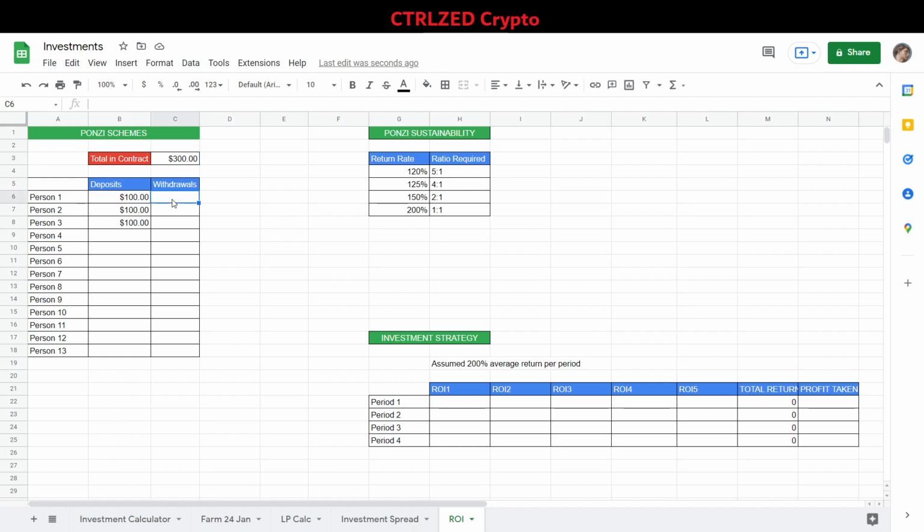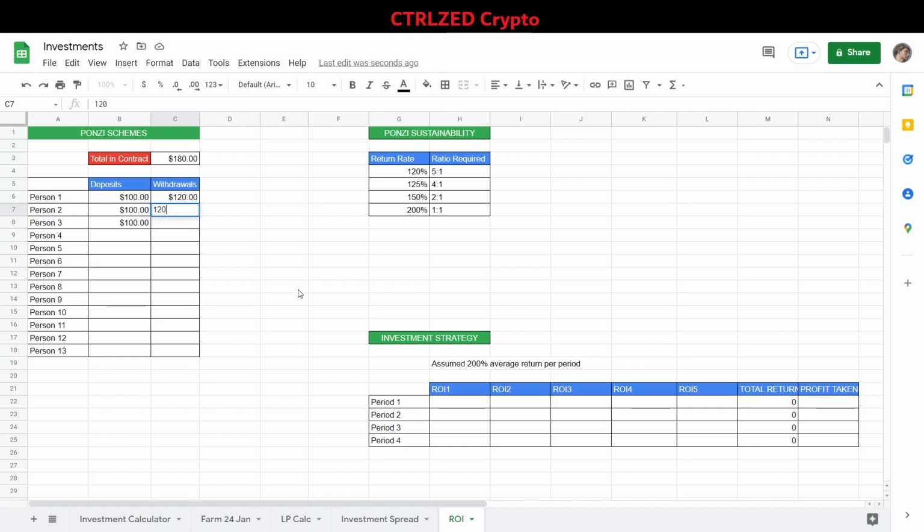Now, what happens is after a period of time, person one wants to cash out their investment, and they're given the promised $120. That's the 20% return on their investment out of the total contract value. And some time down the line, person two is also eligible to take out their returns.